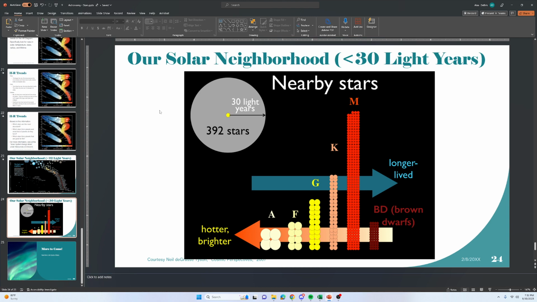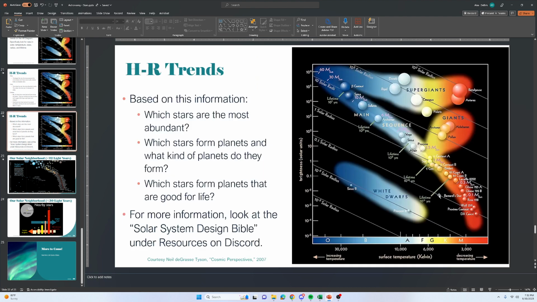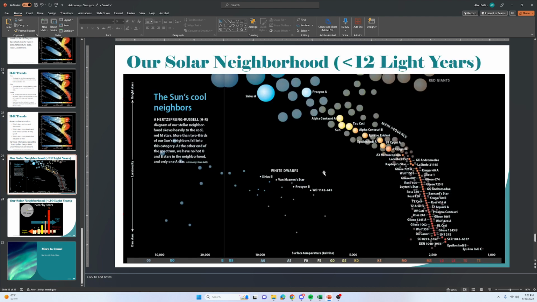So most of the stars that you make need to reflect this. Okay, we can't have a million A's and O's because they're interesting, and have it be so unrealistic because there's not enough M's to balance them out. And if you look at our solar neighborhood, again, this way, you'll see that these stars, as they fall on this HR diagram here, they go back with the white dwarfs.